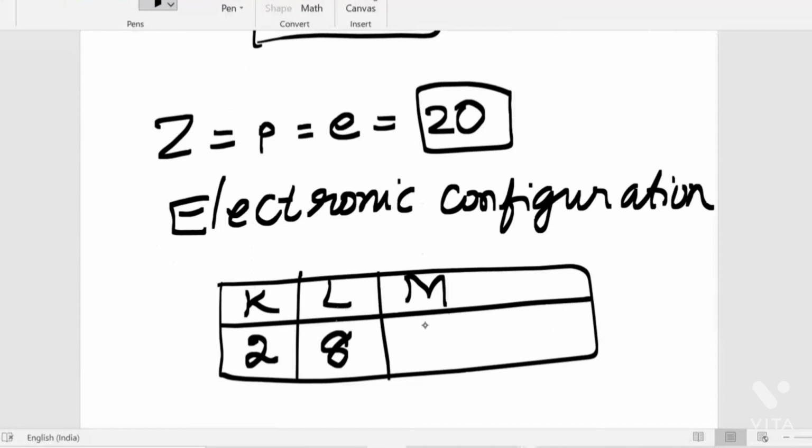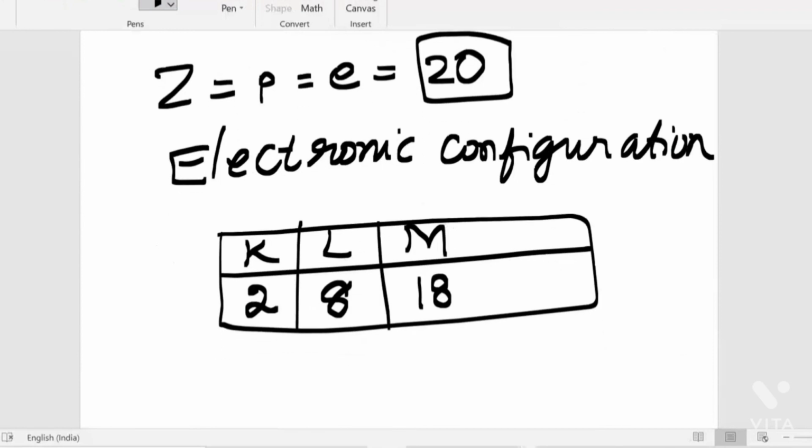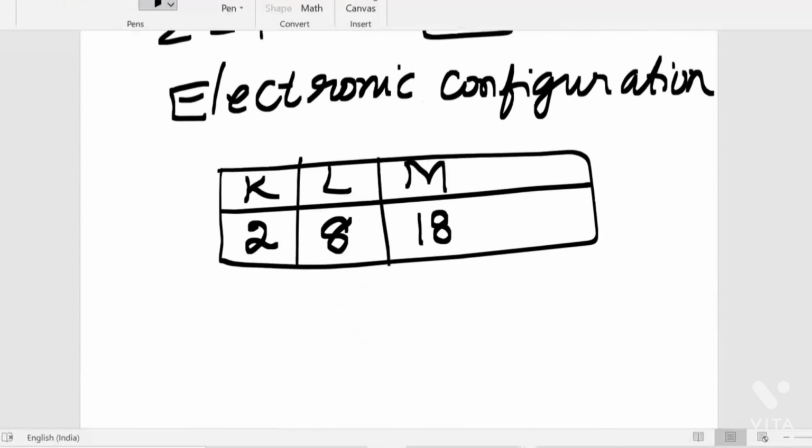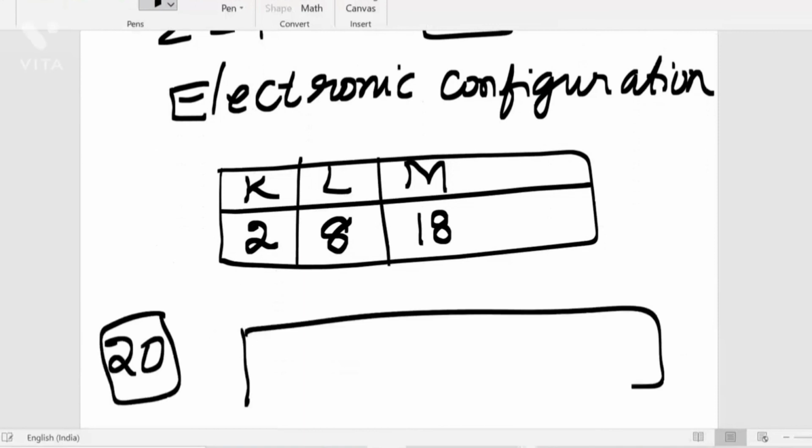Next we learned for L, the maximum capacity is 8. The next we studied, according to the first rule, can be 18. Okay. Do we have 18? That also we have to see here. 2, 8, 18 is the total number according to the rule.